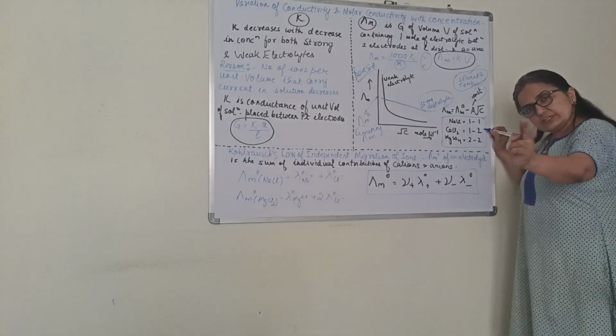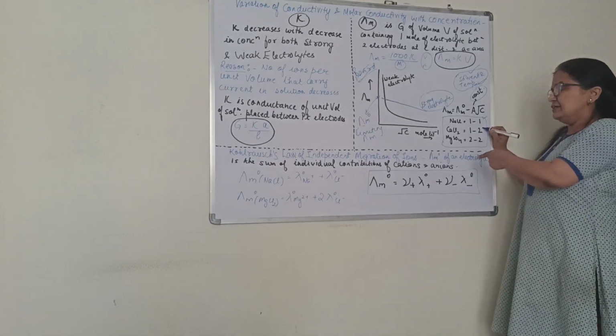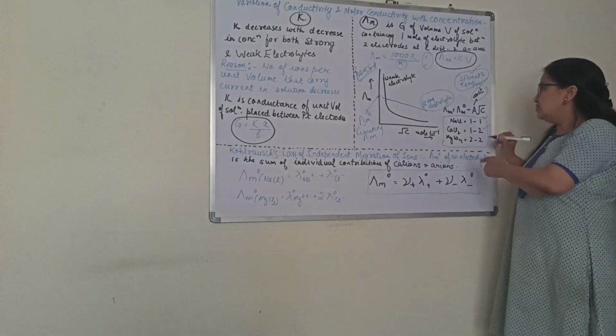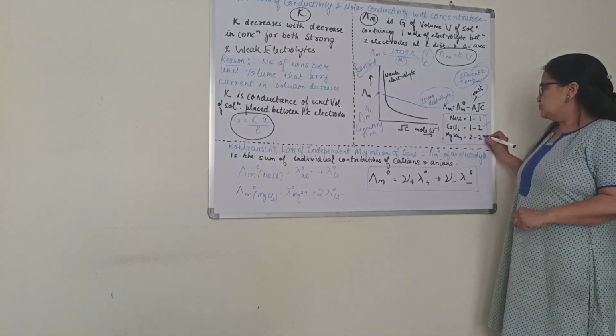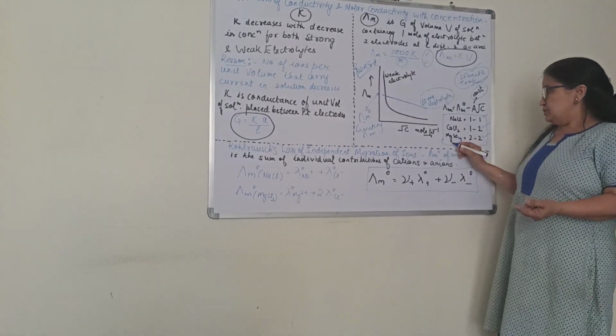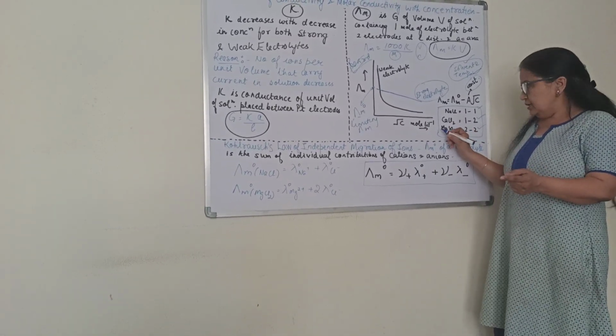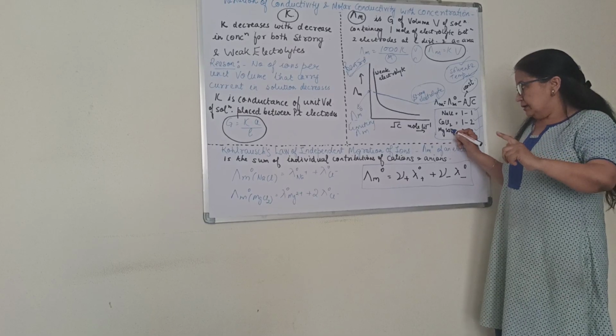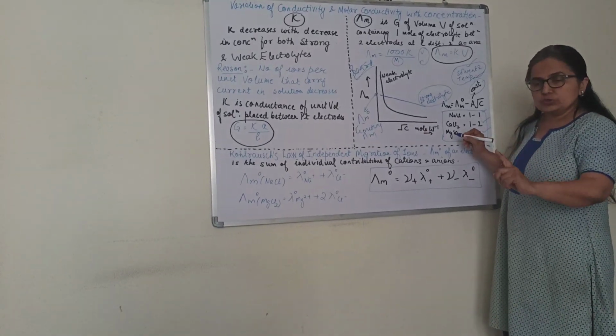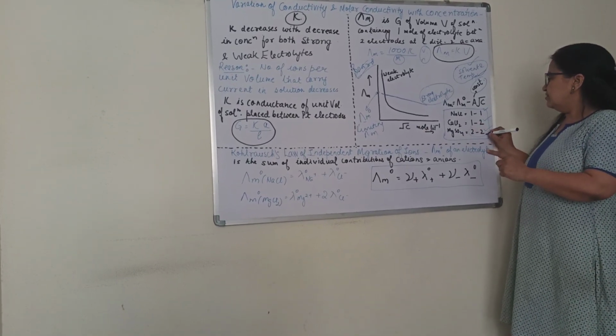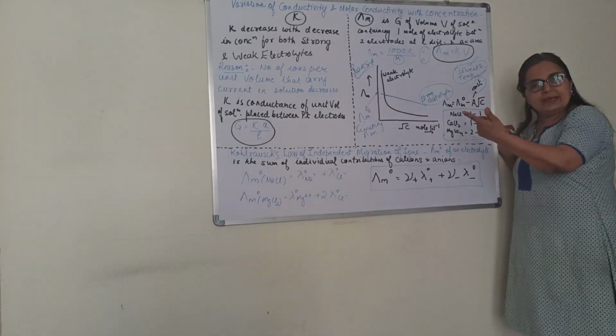All such electrolytes having this category of cation and anion will have same type of A. Likewise for this 2:2, that means 2 plus charge and 2 negative charge. Okay, it is Mg2+, SO4 2-, so 2:2. So all those which are having this ratio will have the same A value.